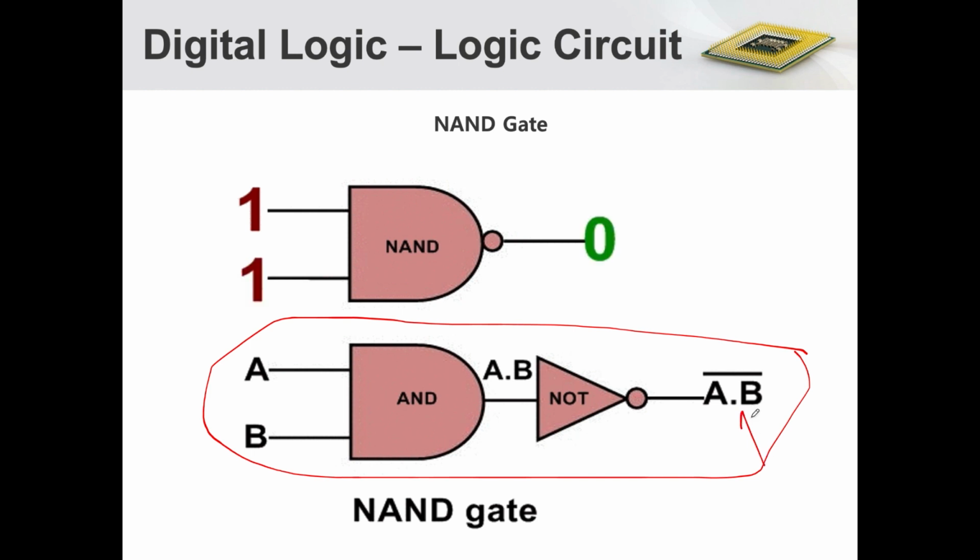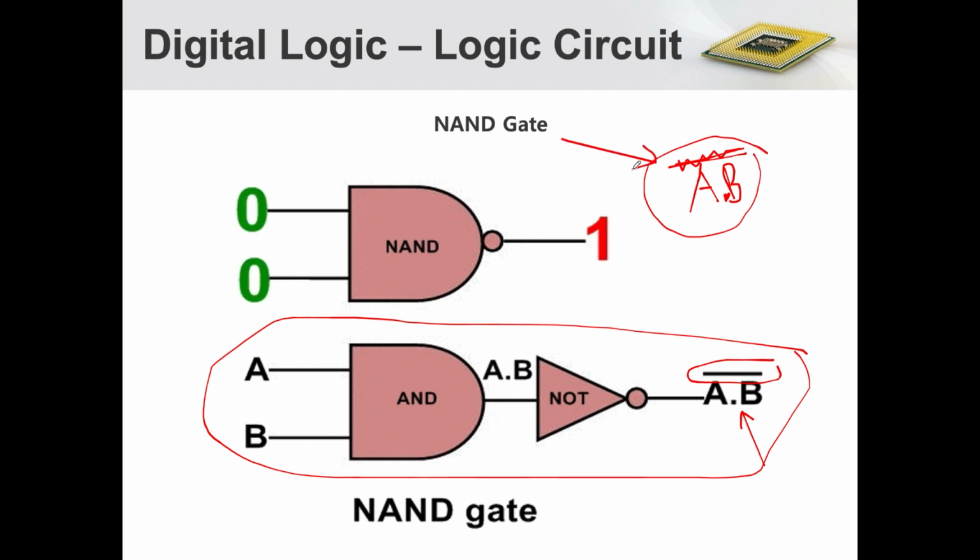You need to check carefully over here. It is A, B, of course with the multiplication, which is this AND gate, and the bar is the NOT gate. I repeat, the dot without the bar is the AND gate, and if you have the bar it is the NOT gate, so all together you get the NAND gate.